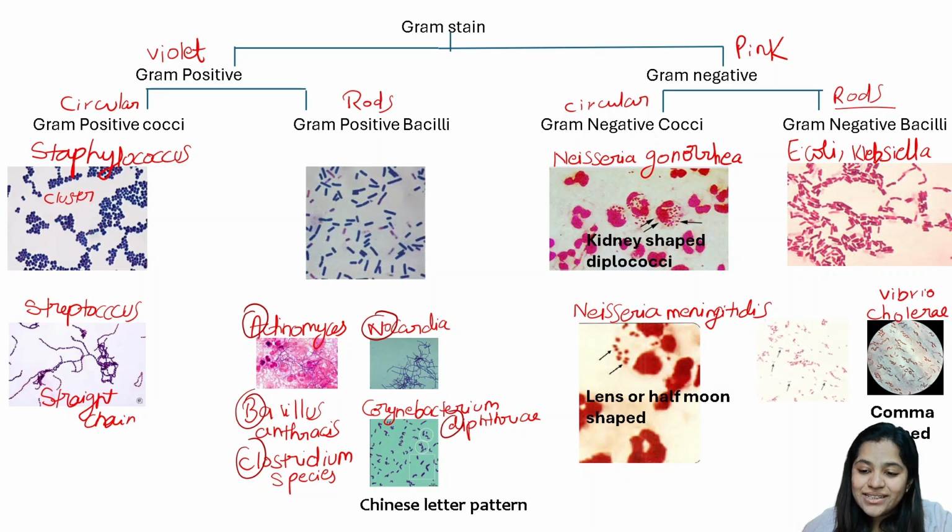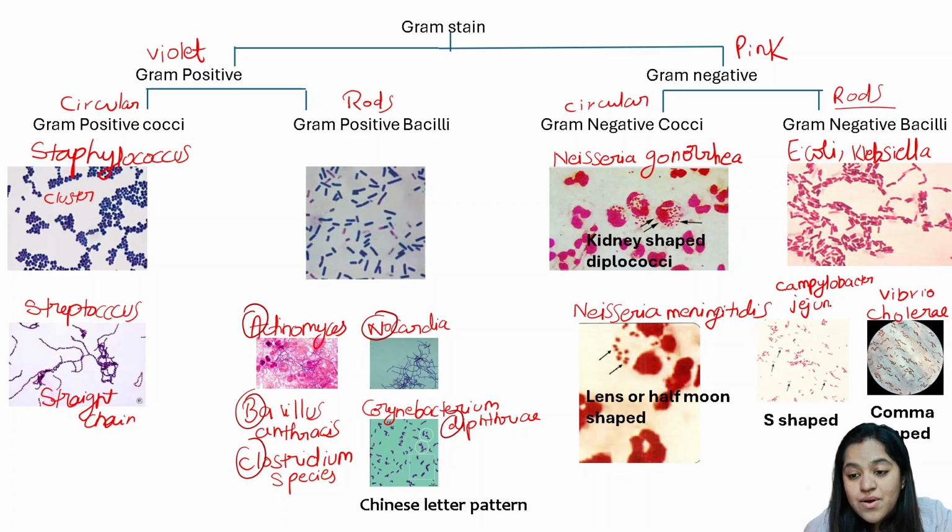Okay. Another is this S-shaped or seagull wing-shaped bacteria, also known as Campylobacter jejuni. Now, this list with these images is a gold mine. They are very important. Okay.